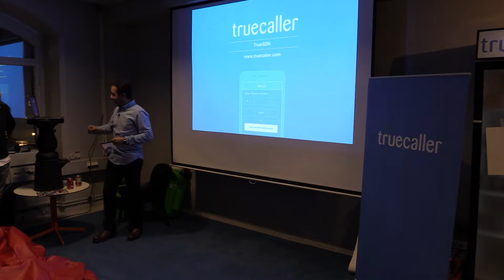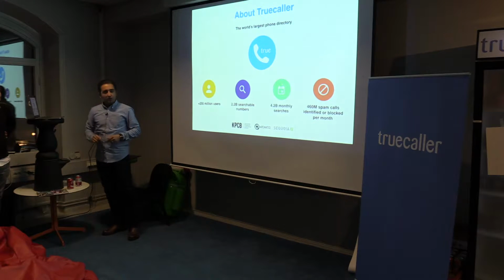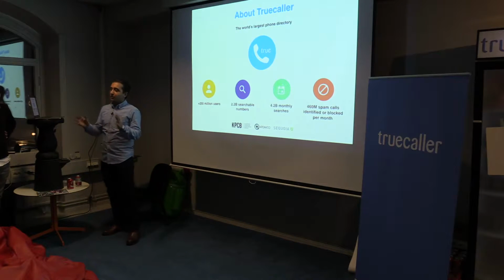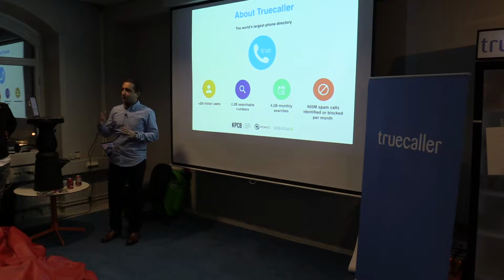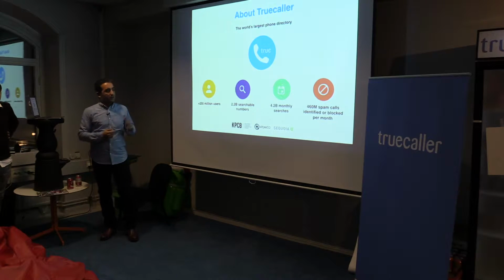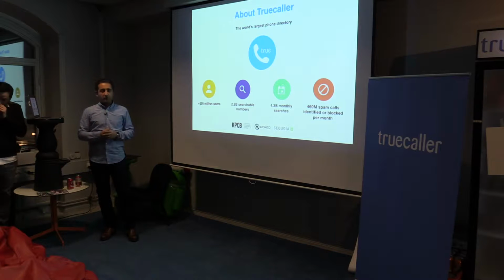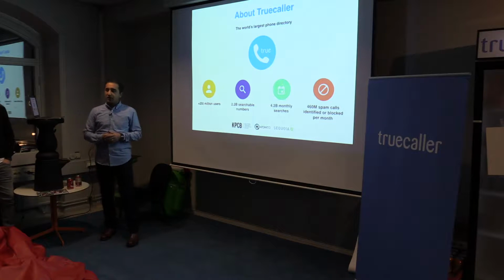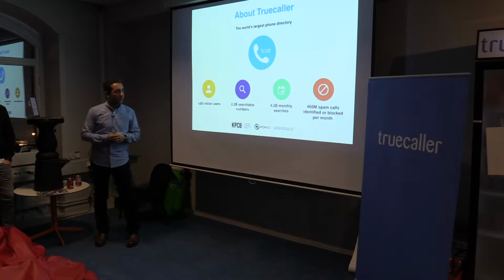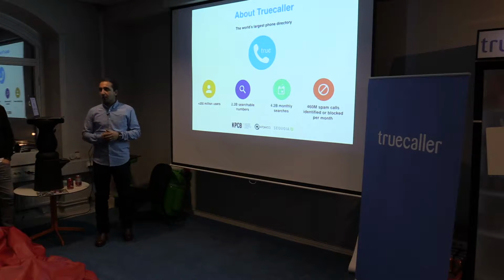Okay, so what is TrueColor? I'm sure many of you already know this, but just for the people who don't know about the exact numbers and the history of the company, TrueColor was founded in 2009, and we have seen a very huge growth, especially in the emerging markets.